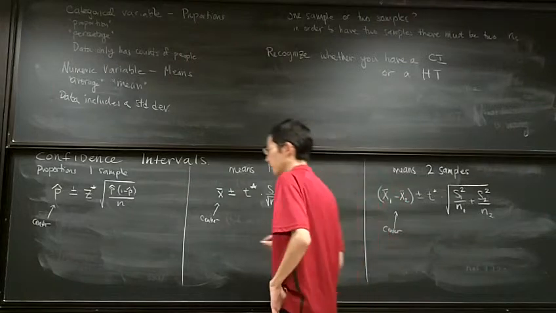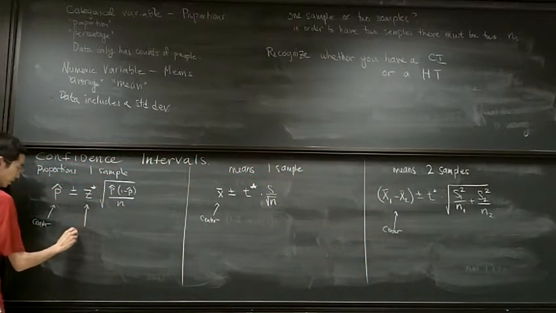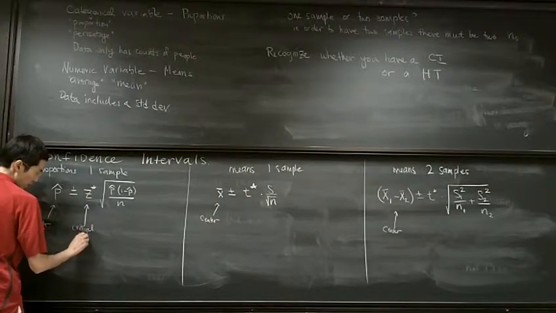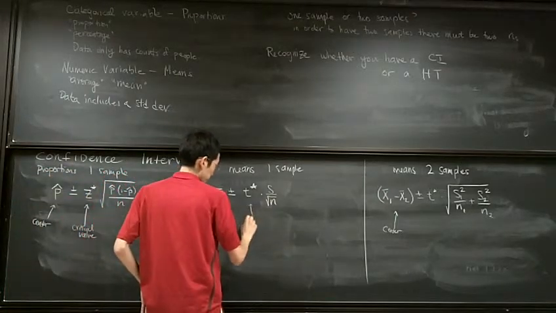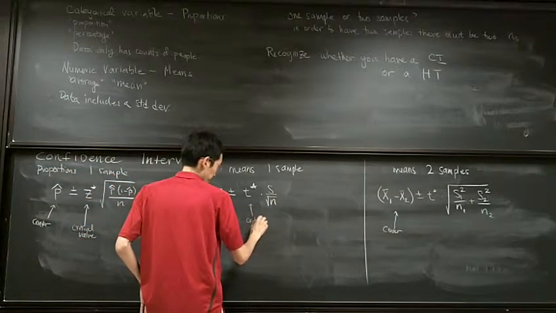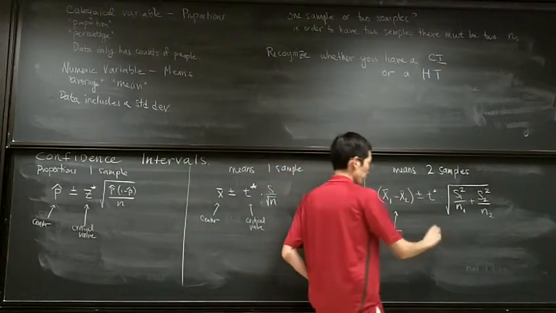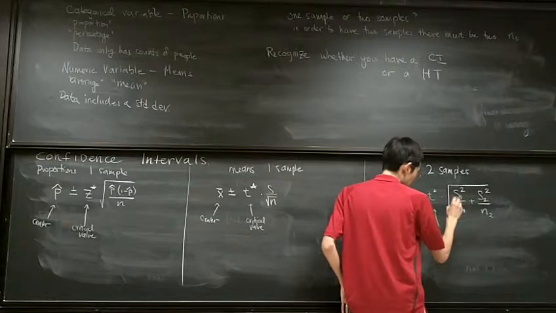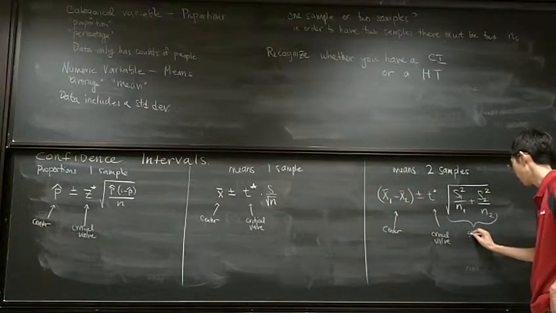This thing with the star is always called our critical value. And the term that it's multiplied by is the standard error.